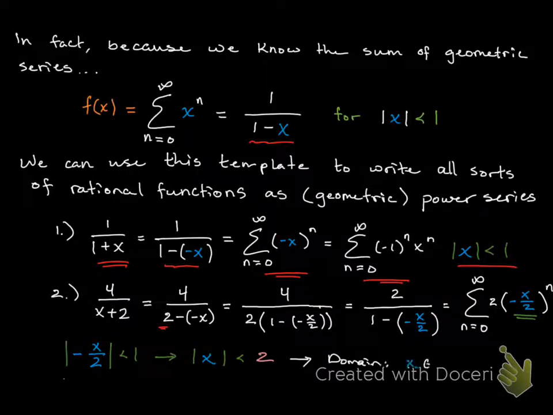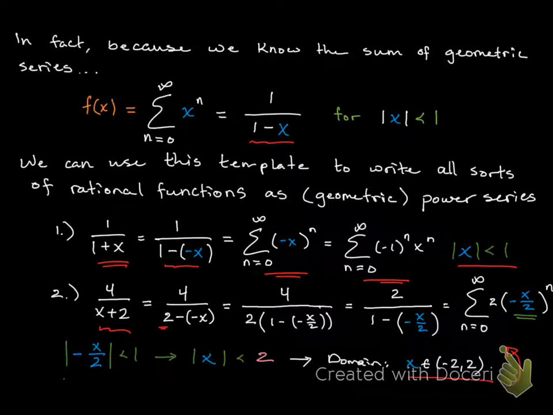So our domain is really from minus 2 to 2. It's within the window as long as x is less than 2 in absolute value. Those are the x's for which I can write my rational function as its power series.